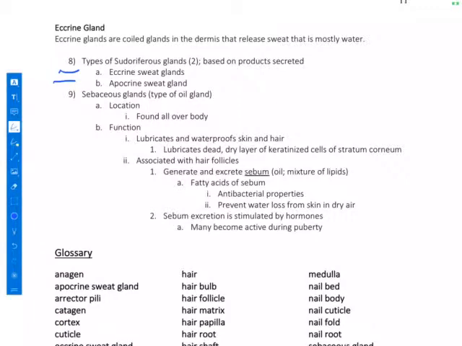Okay, sebaceous glands. Sebaceous glands is the other type of accessory organ found in the integumentary system. Sebaceous glands secrete sebum, and sebum is an oil. And they're found all over the body. Their function is basically that they lubricate and waterproof the skin and the hair.